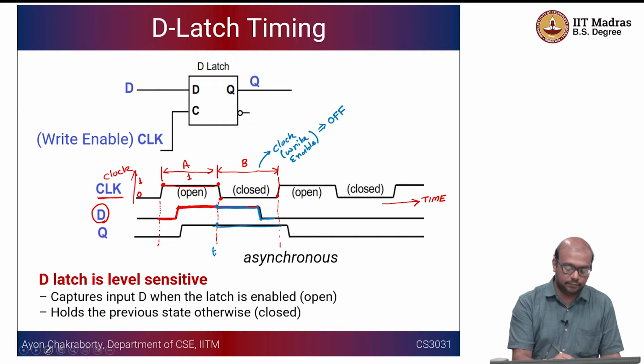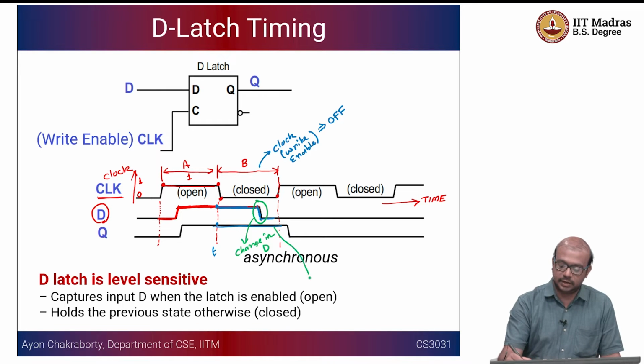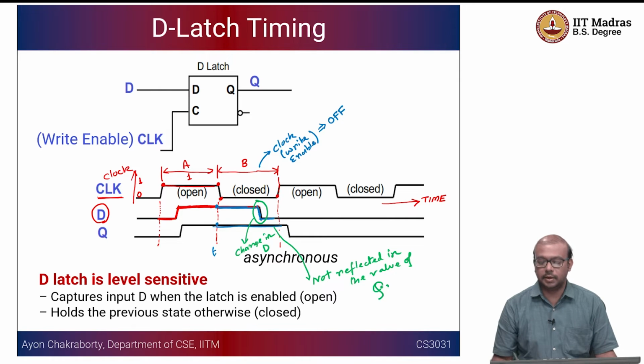Even if there was a change here, this is a change in D. Although there was a change in this value of D, it is not reflected in the value of Q.